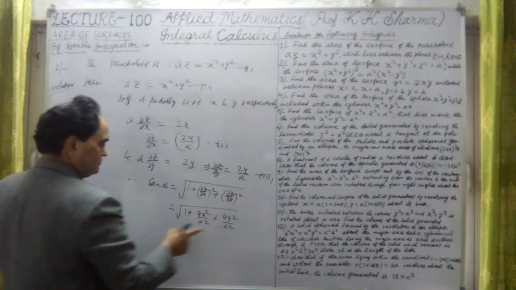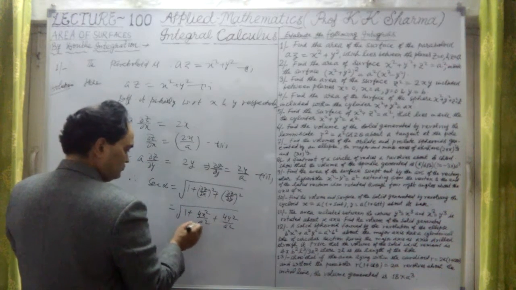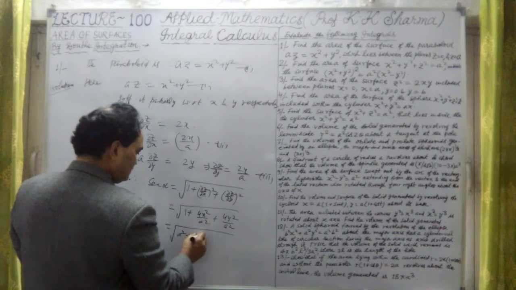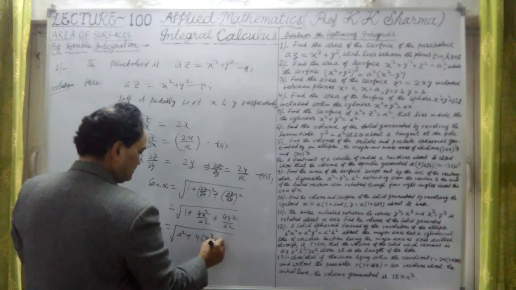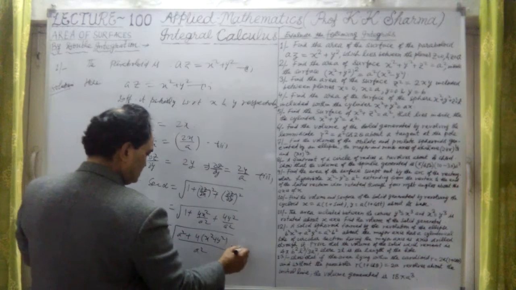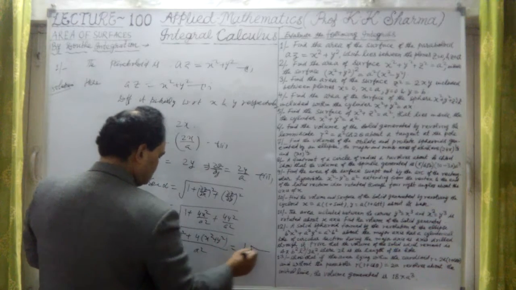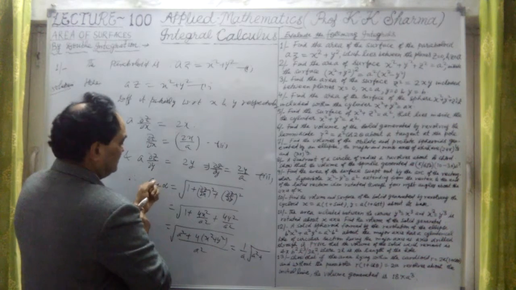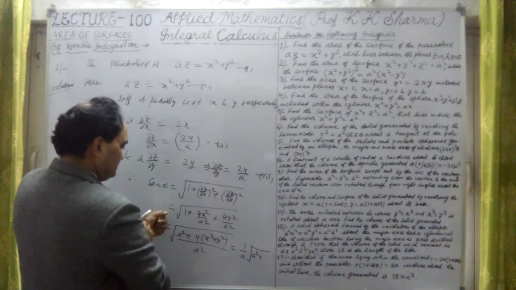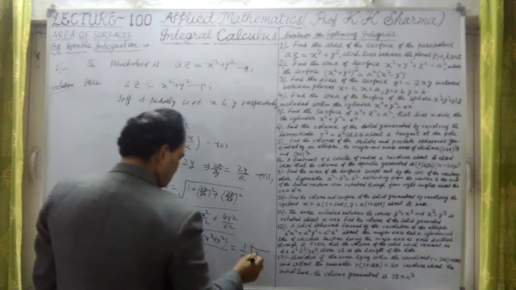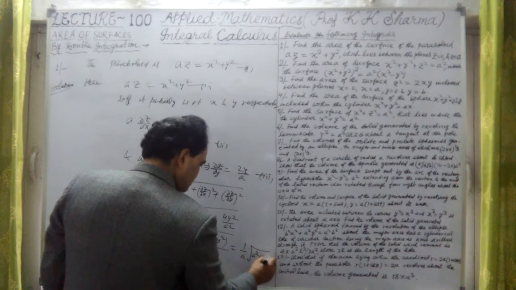If I take 4 common here, a square is the LCM, this will give us a square plus 4 times x square plus y square, divided by a square. This is nothing but 1 upon a under root of a square plus 4az here, because x square plus y square equals az in this case.